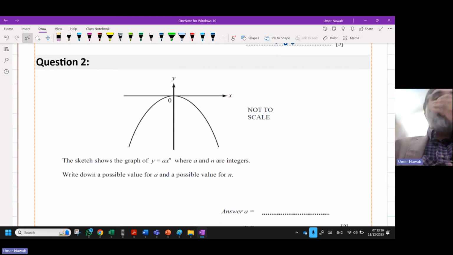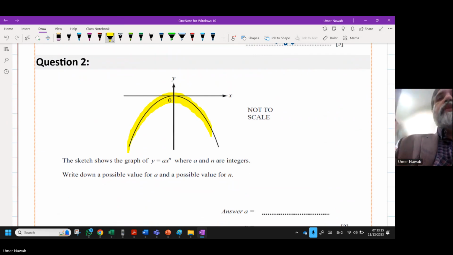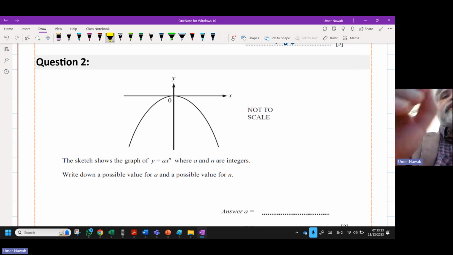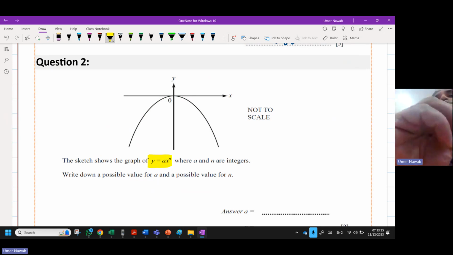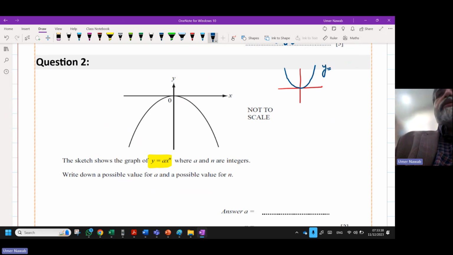Let's come to question number 2. It looks like a parabola, and the parabola is passing through the origin. He mentions that its equation is like this. So, boys, you remember we told you that a parabola, which is like this, has the equation y is equal to x squared.